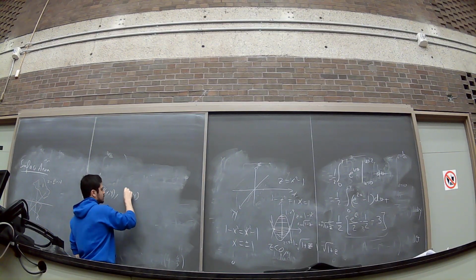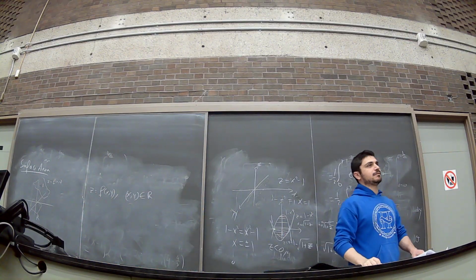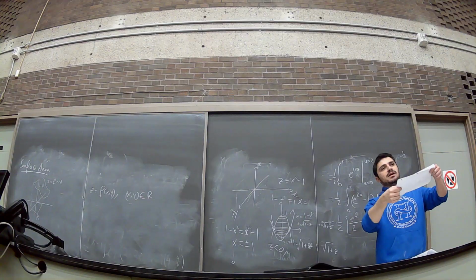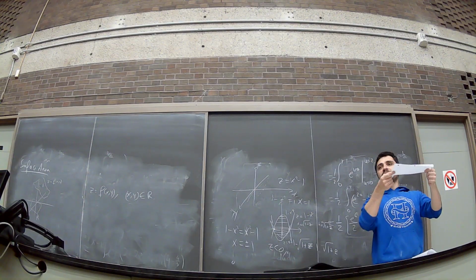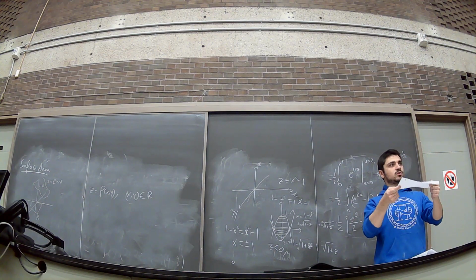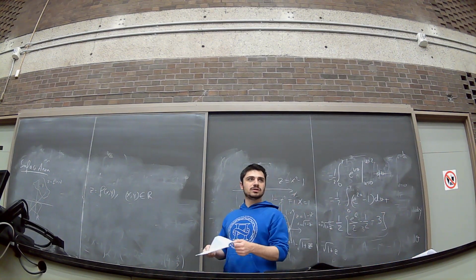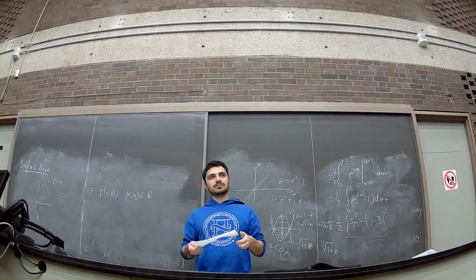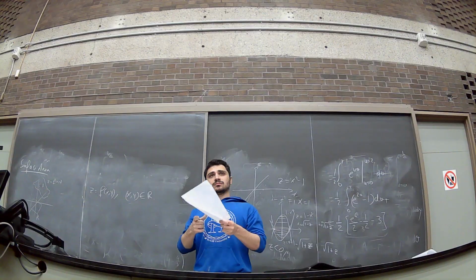Now a surface, how many dimensions does this have? 2, right? A plane has 2 dimensions. How many vectors do you need to know a plane? You need 2 vectors that are non-parallel, right? A surface has 2 dimensions.